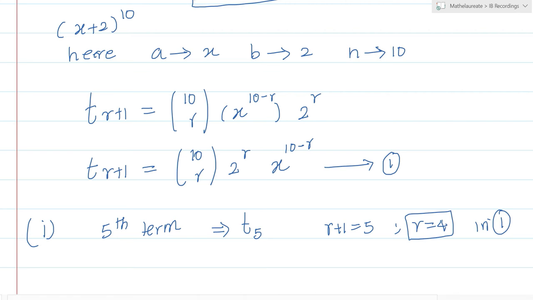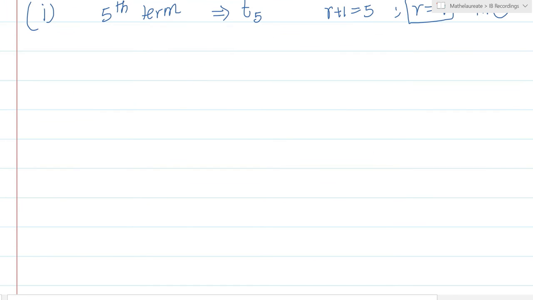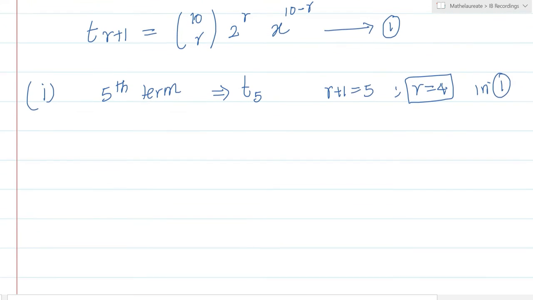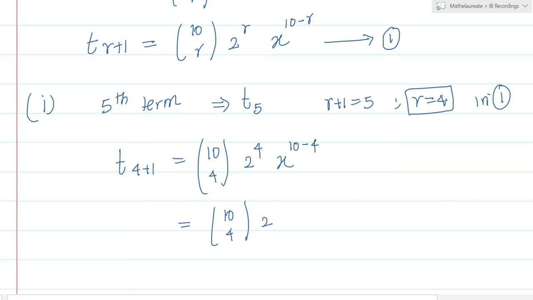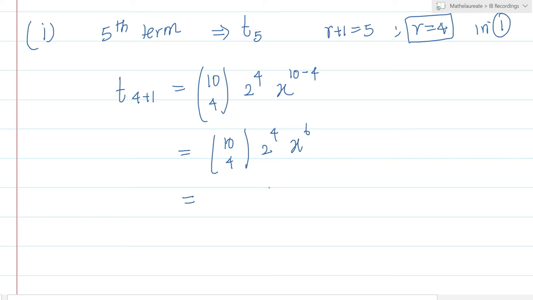Substituting carefully, T(4+1) is 10C4, 2 to the power of 4, and x to the power of 10 minus 4, that is 10C4, 2 to the power of 4, x to the power of 6. Now we need to calculate this value. 2 to the power of 4 is 16.